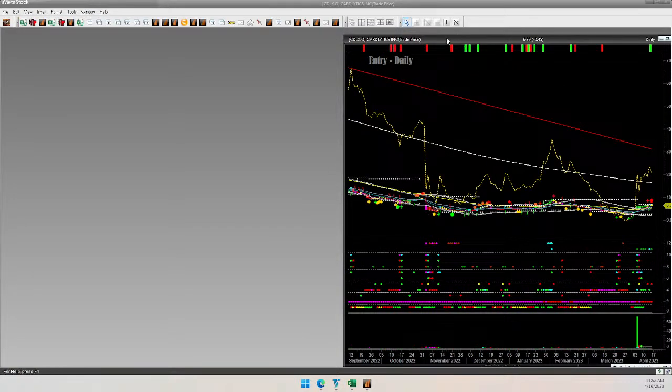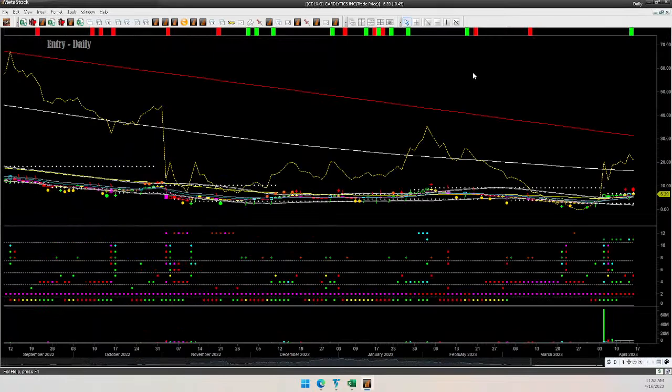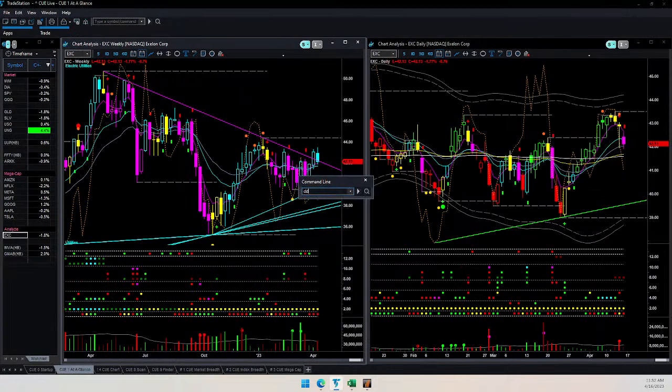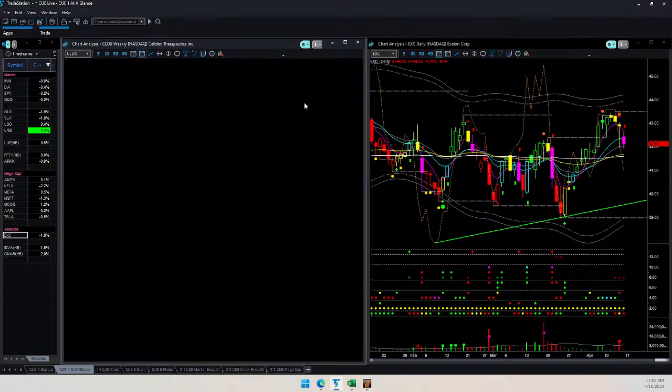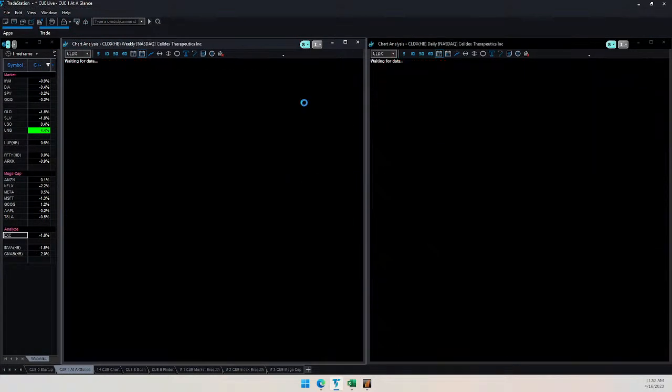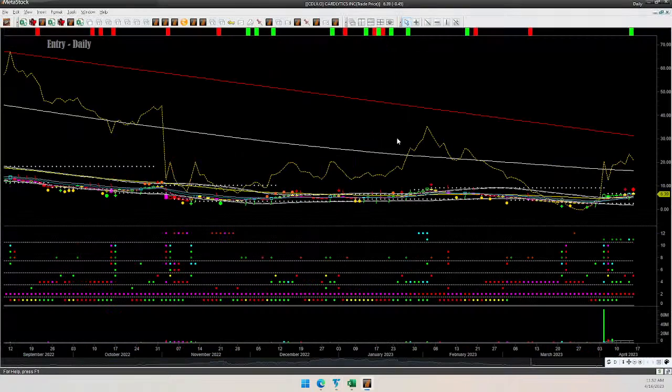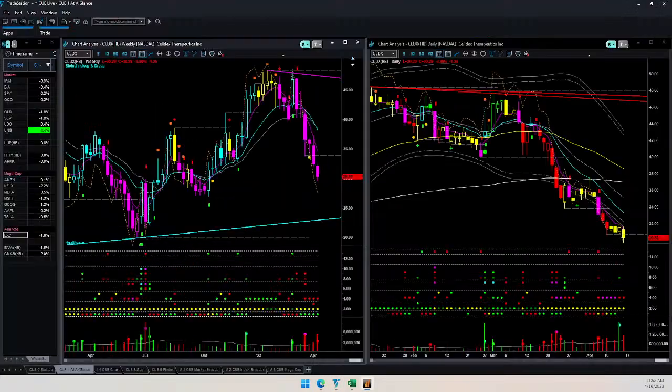And I am left with one more stock, CLDX. Okay, let's look at it weekly, daily. Sometimes I may switch to TradeStation. You may use either TradeStation or MetaStock, both. CL, no, sorry, this must not be the stock. This is CDLX.